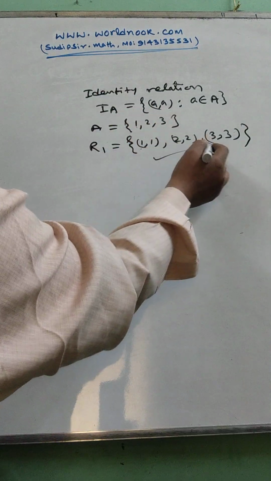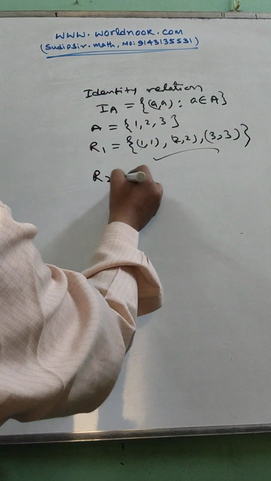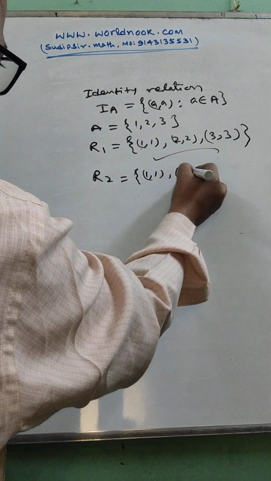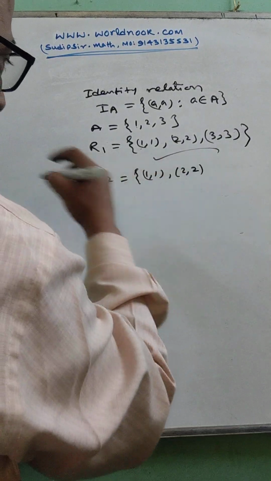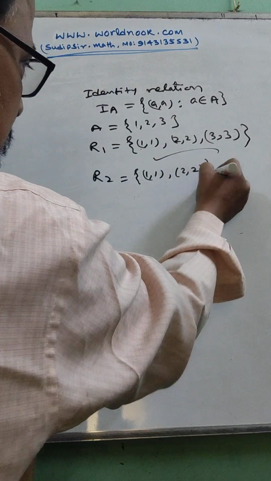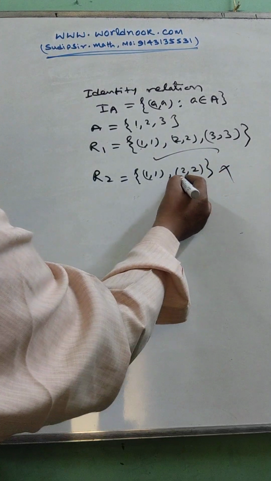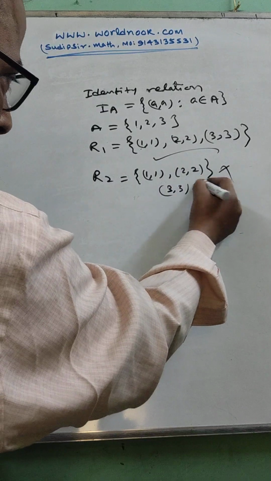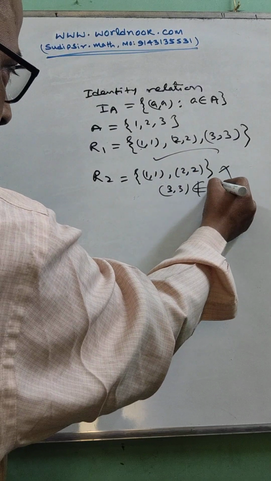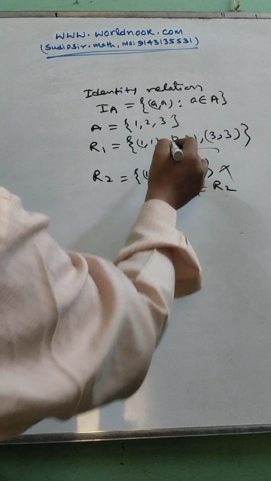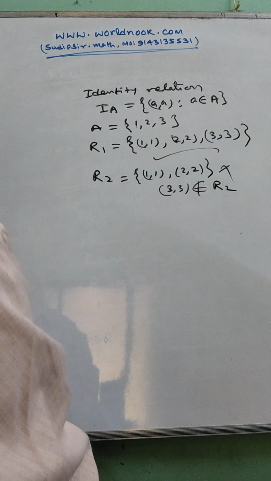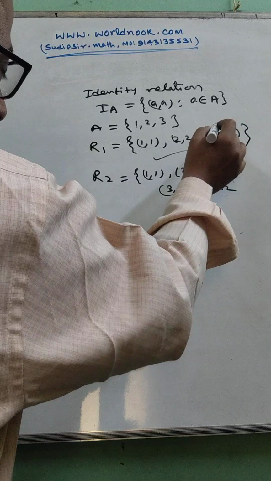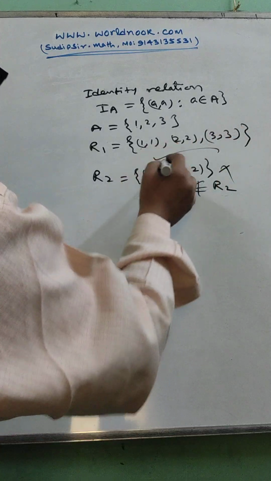All (a, a) must be present. Say R2 is (1, 1), (2, 2). So this is not an identity relation because (3, 3) does not belong to R2. So all must be present for an identity relation, and it should not have any more elements also.